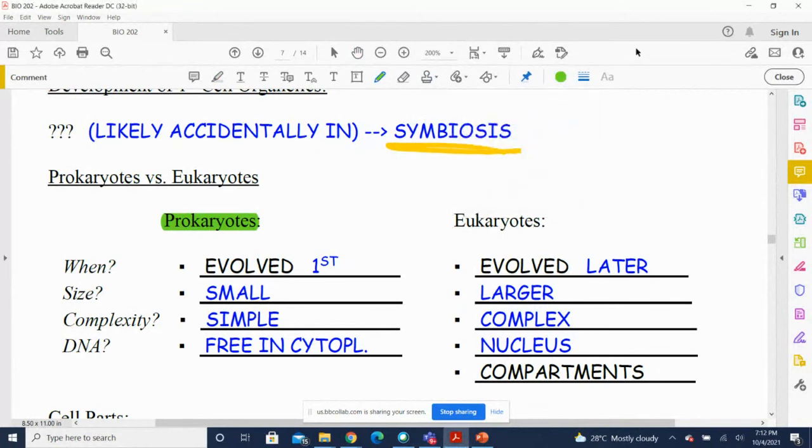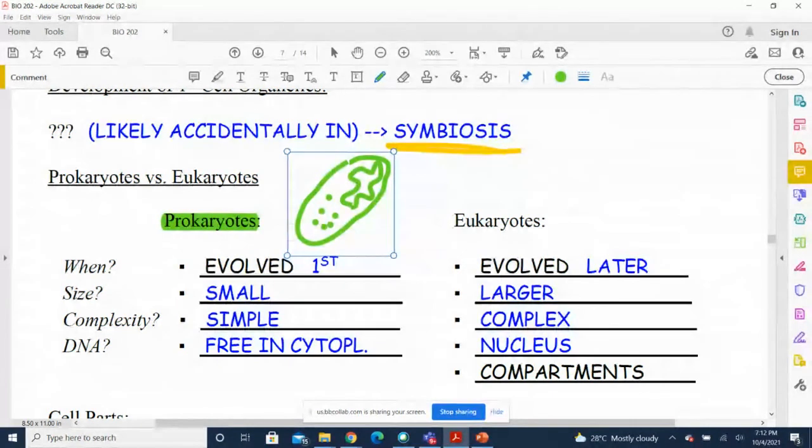By being simpler, what I mean is that there really is a cell wall, but there is no nucleus. The DNA just floats around free within the cytoplasm. You can probably see some ribosomes floating there as well, but that's about it. They're very, very simple cells.